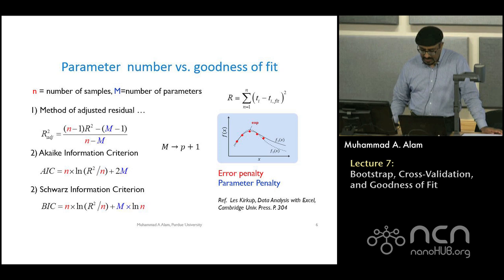So don't be confused if you see different versions of it on the web. The AIC has 2m. This is the penalty, and n is the number of samples. The more samples you have, you can immediately see this will continue to rise, but that doesn't make sense, so you have to divide by n and then multiply by n. If you do this again, you see all of these are functions of three things: R square, n, m.